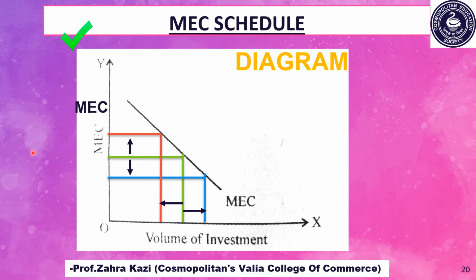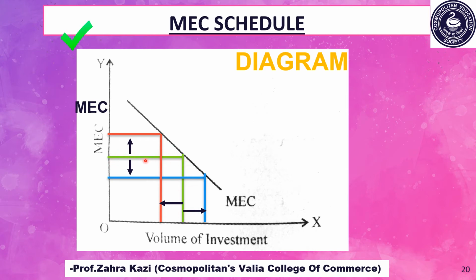Let's understand this MEC diagram in much more detail. As we saw in the last slide, the MEC curve shows an inverse relationship between investment and MEC. This means that as the level of investment increases, MEC declines. Let's assume that our initial level of investment and MEC is denoted through these green lines.